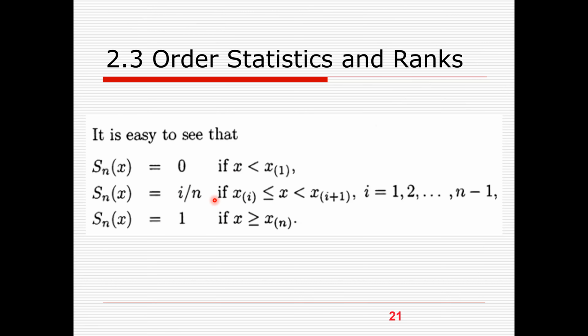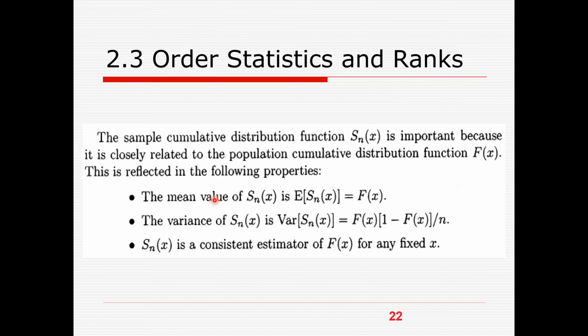So as I said, the sample distribution function has a corresponding concept in parametric statistics, the cumulative distribution function, CDF. Let's further look at their relations. For any sample with real-valued observations, there is a population cumulative distribution function, capital F(x). And if we obtain the order statistics of this sample, we can get S_n(x), the sample distribution function.